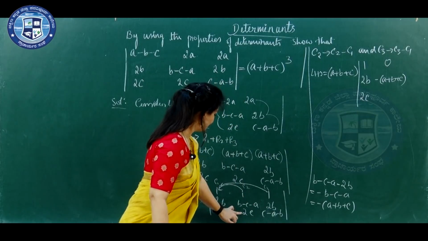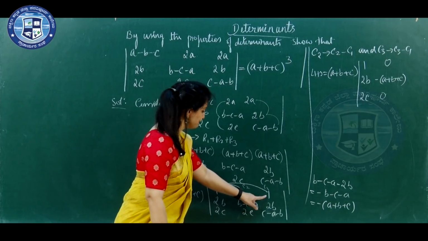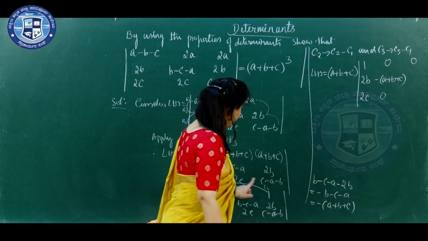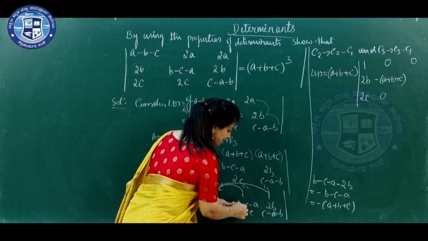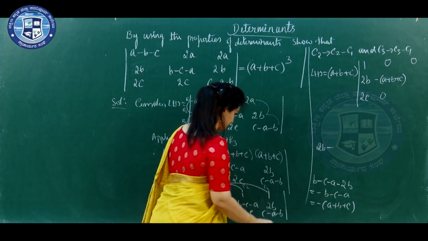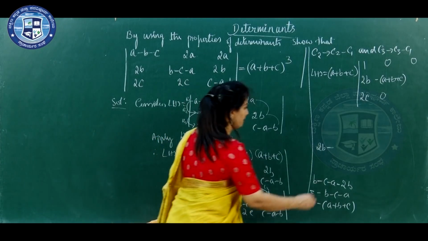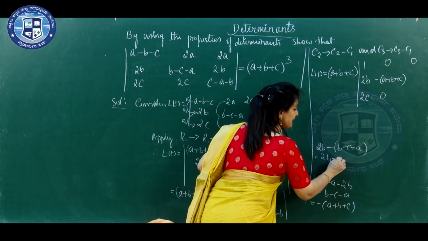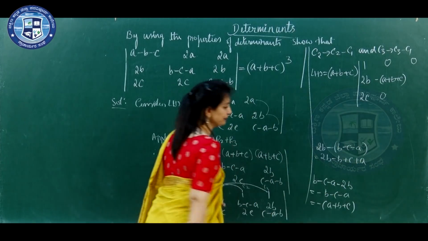Alright. Now, 2C minus 2C, 0. Now, subtract 1 minus 1, 0. C3 minus C2, 1 minus 1. Then 2B minus of B minus C minus A is how much? 2B minus B minus of minus plus C minus of minus plus A, isn't it?